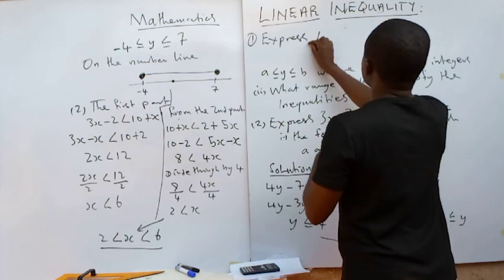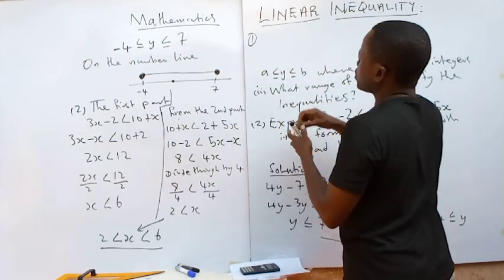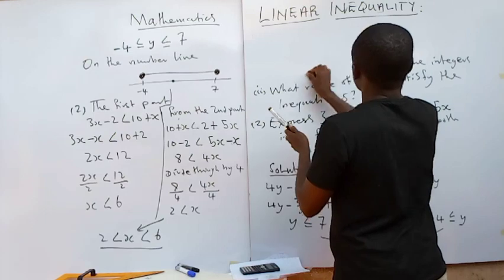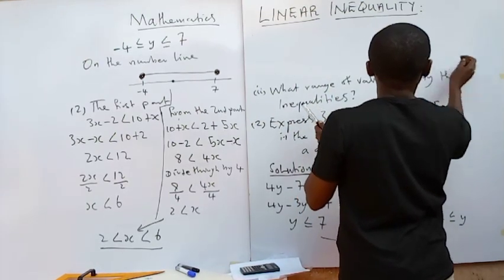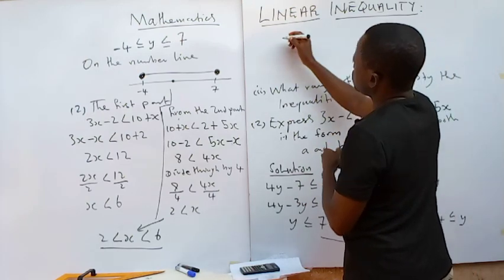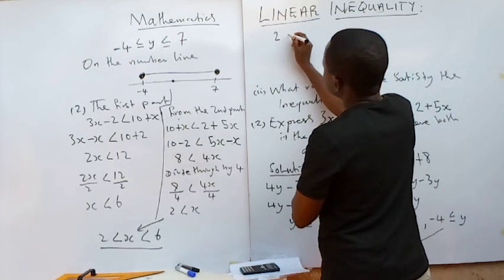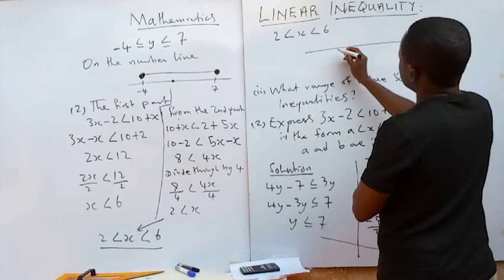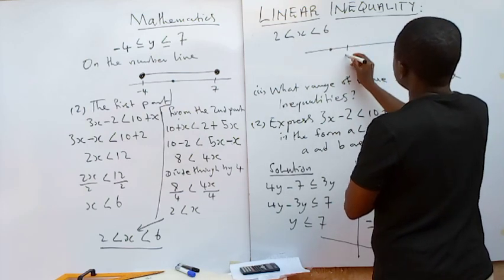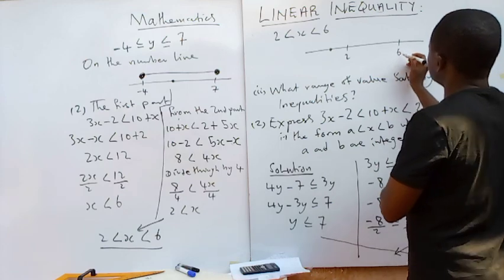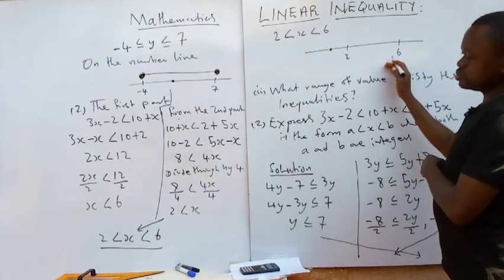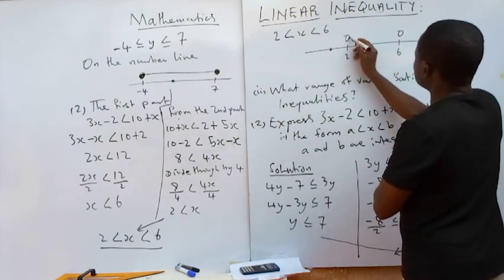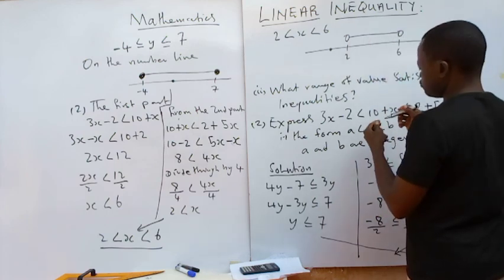So if I want to put that on the number line, you realize that 2 less than x less than 6 will typically be represented thus, because both are on the positive side. So if here is 2 and here is 6, okay, I hope you can see that. The difference between this and the previous one we did is that here will be open, here will be open, and there is an implication for that.